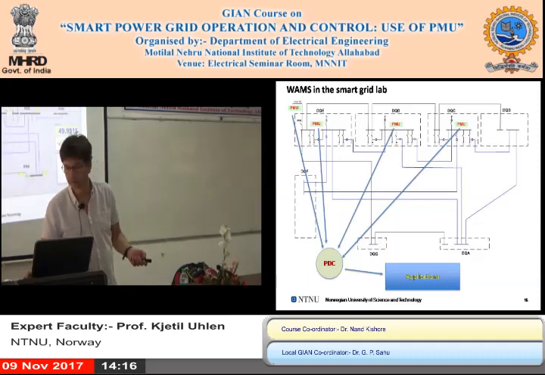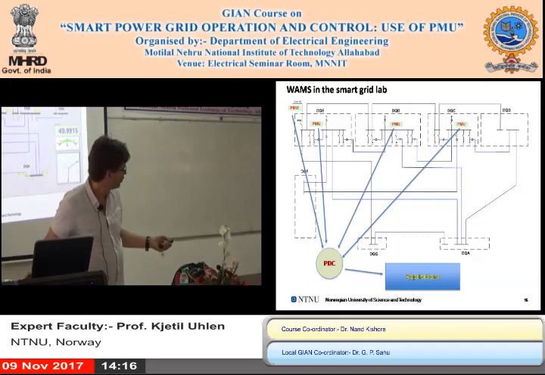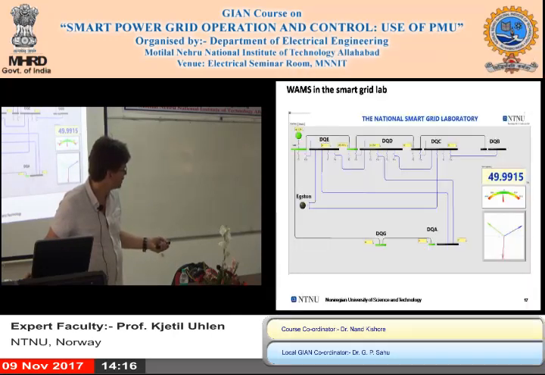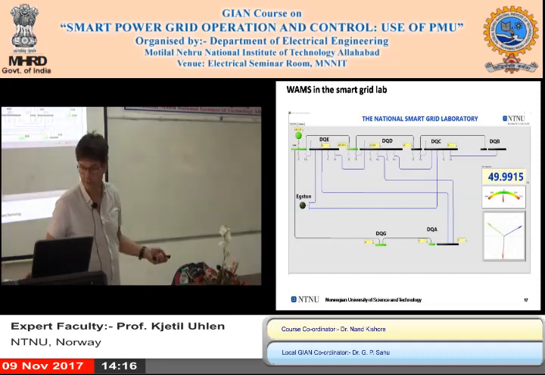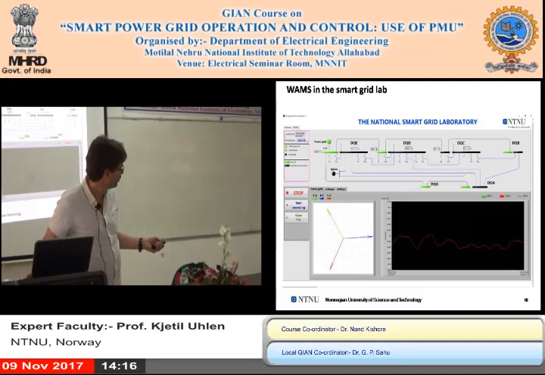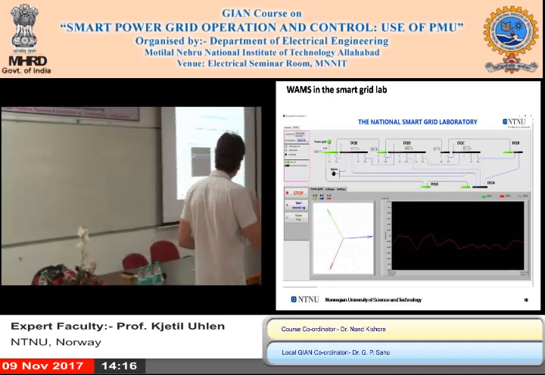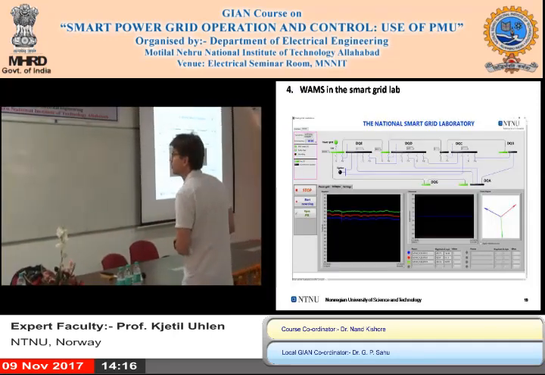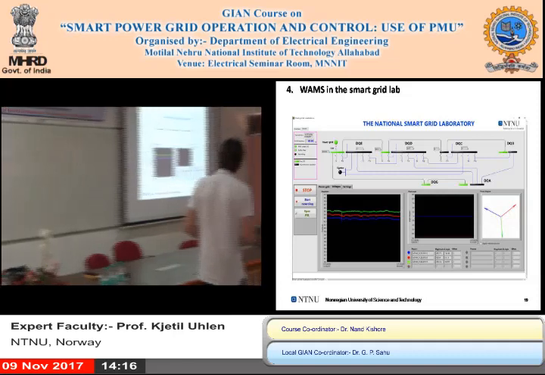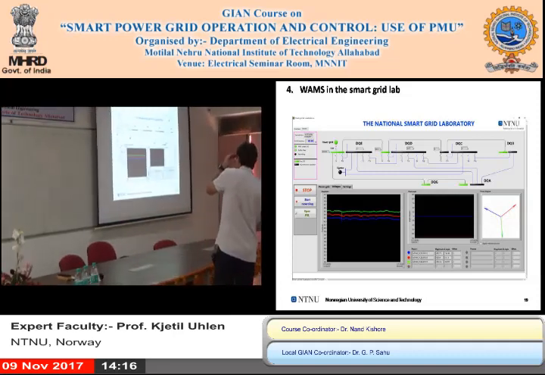So you could think of various applications. Something that just displays the phasors and the frequency. Something that makes trend curves for frequency and the voltage phasors. Something that makes trend curves for the three phase voltages and the angles.